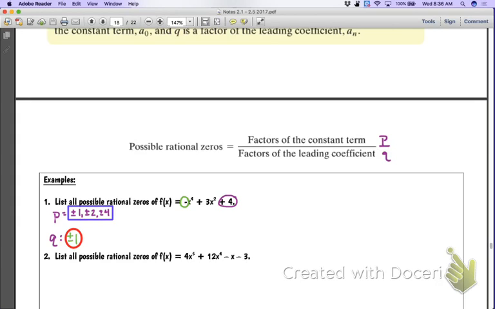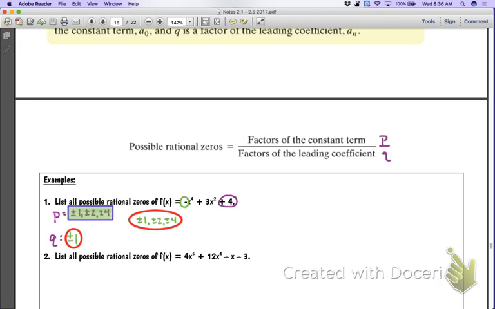No. So my possible zeros are just these 6. Not just 3, but 6 values are my possible zeros. If you want to rewrite it, it's plus or minus 1, plus or minus 2, and plus or minus 4. There are my possible zeros.